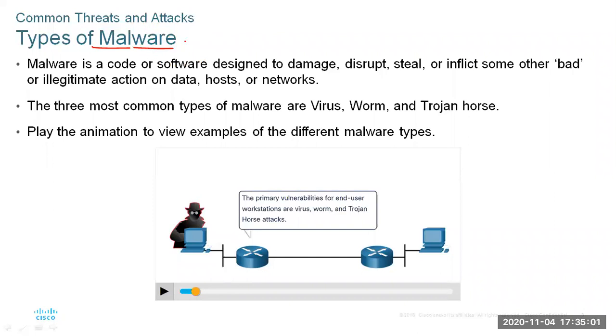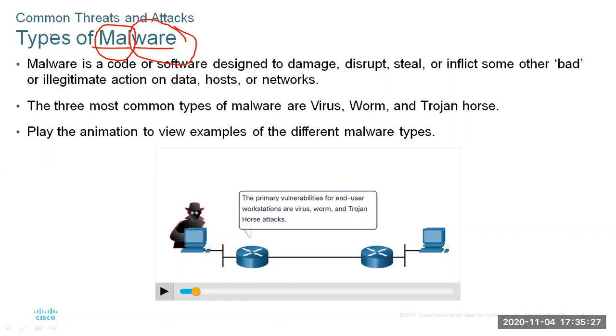All the wares are the parts that make up the computer. So this one, we're talking about the software, the soft version of the wares. So the "mal" has to do with someone that is malicious. Malicious means someone with a negative intention.